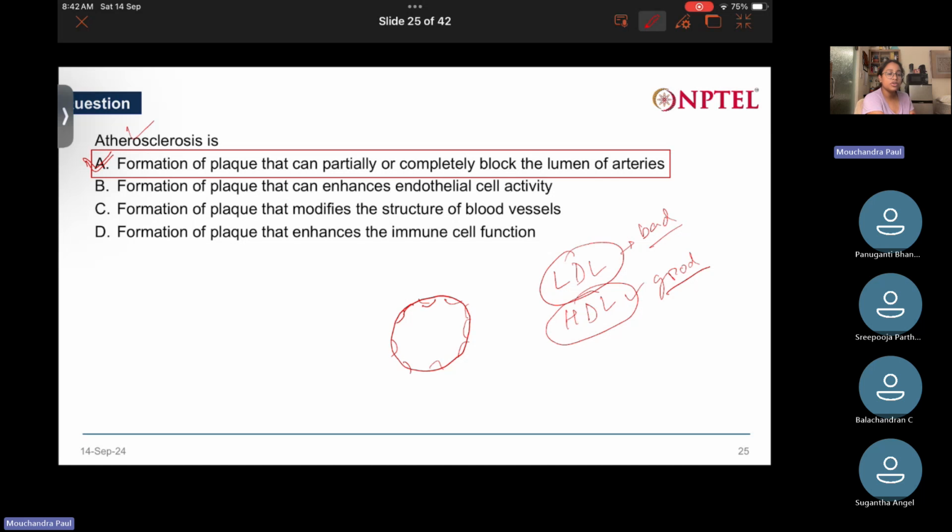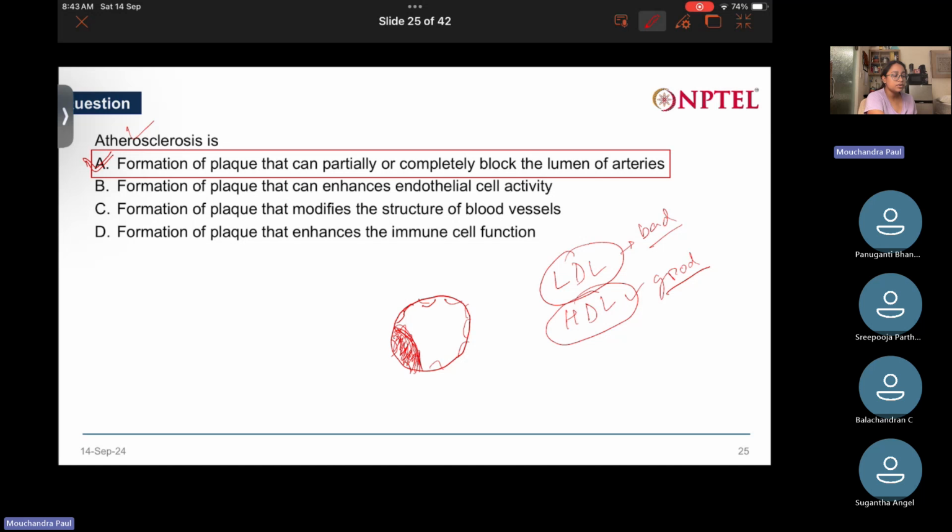So this cholesterol molecule LDL binds with macrophage cells and other types of ECM protein, and they start accumulating. Over a period of time, it accumulates on the surface of the endothelial cells.